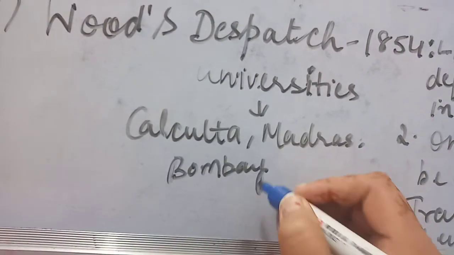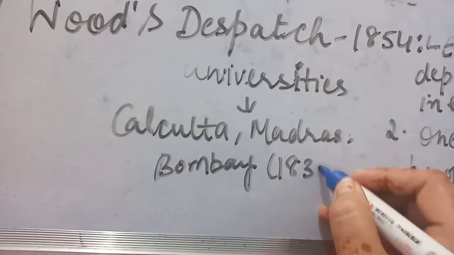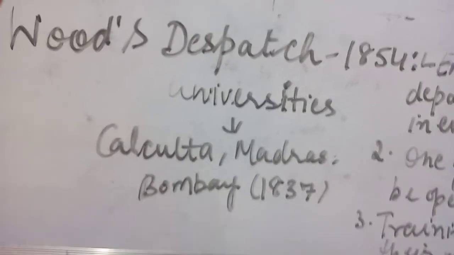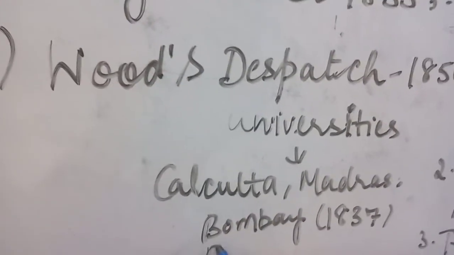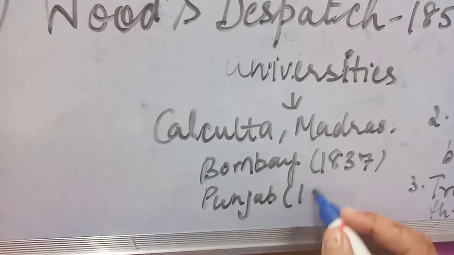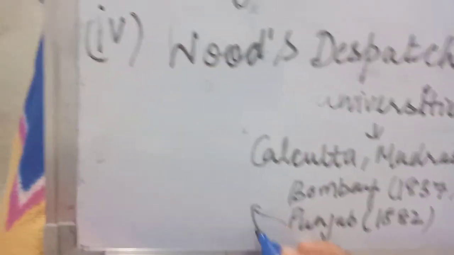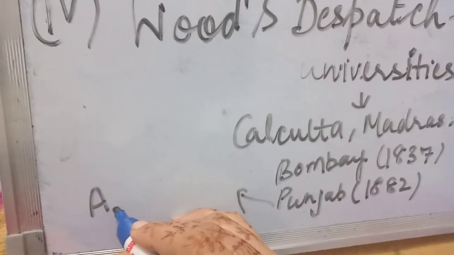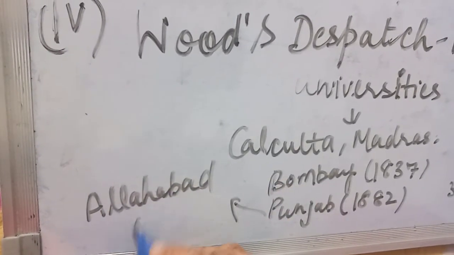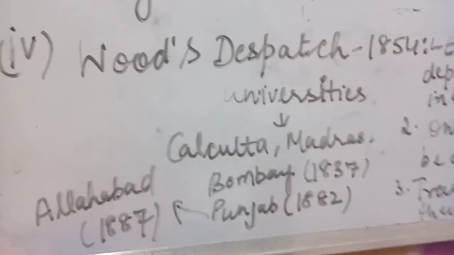When? 1857. Punjab University was also opened, in 1882. And one more, Allahabad, in 1887.